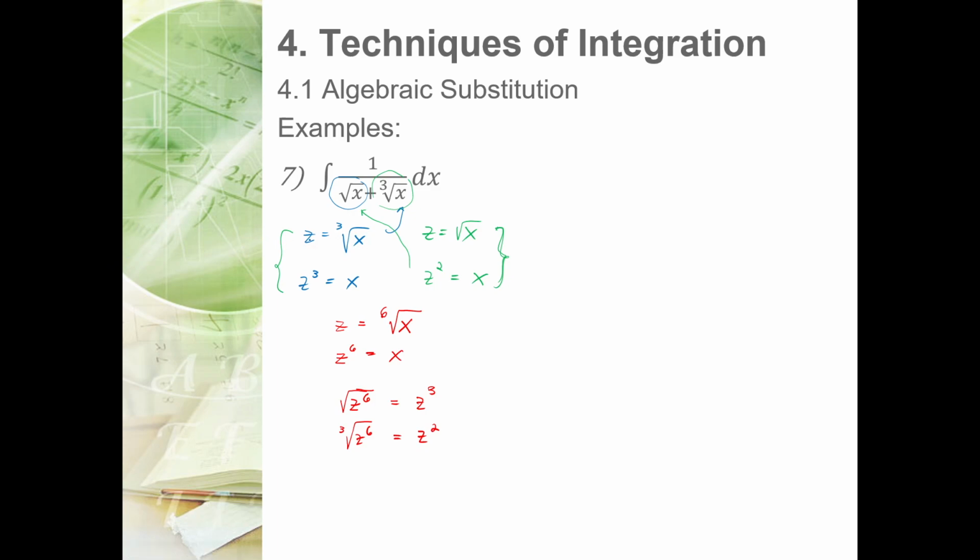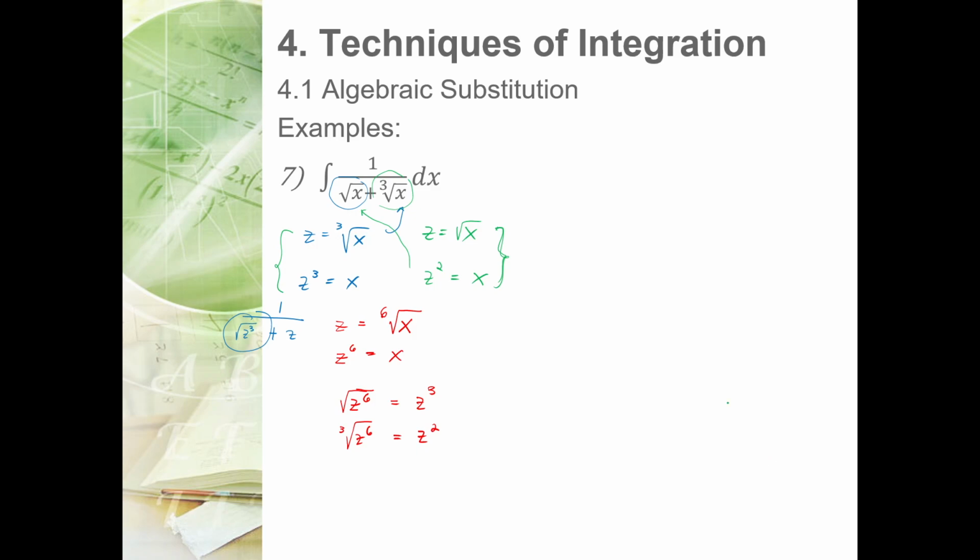Earlier, if our z is cube root of x only, and we plug in the square root of x, we're going to have in the term square root of z cubed plus z. So we still have a radical expression here, which cannot be simplified anymore.